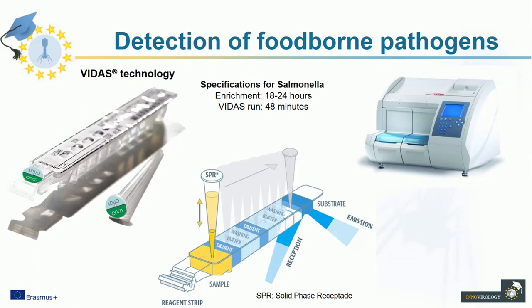The consequent slots are used to wash unbinding cells, add the secondary antibody, and allow the enzymatic reaction to take place. Finally, the output is measured, and this entire process takes 48 minutes. As such, this technique is faster than the other procedures, less labor-intensive, and requires less consumables.